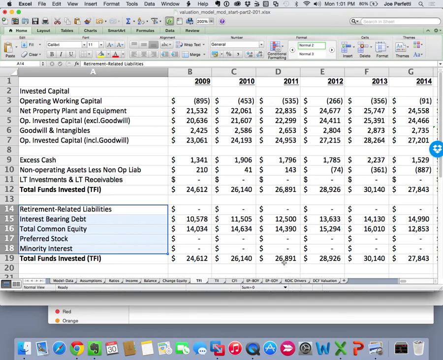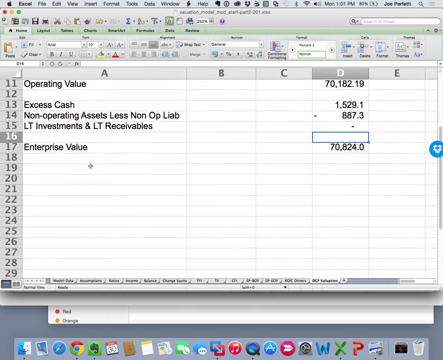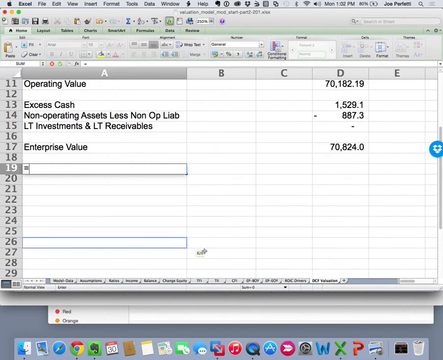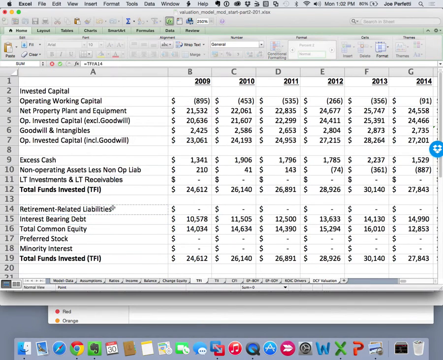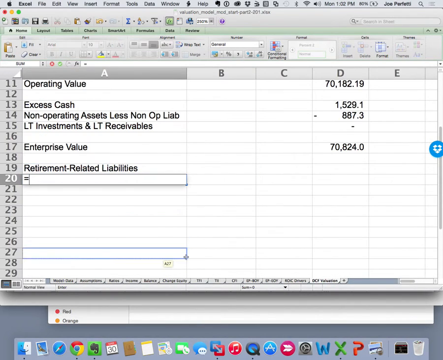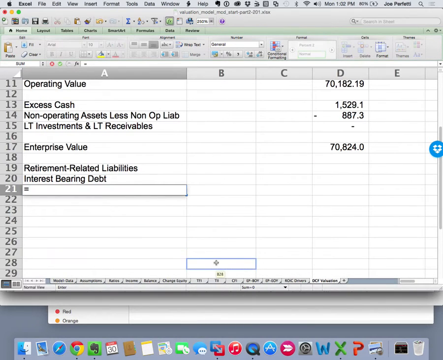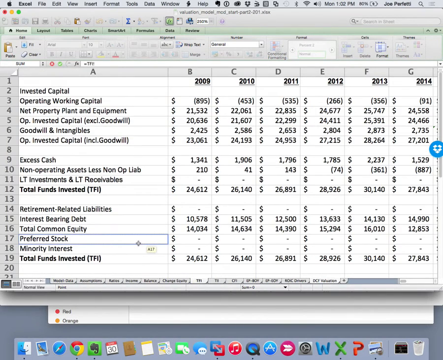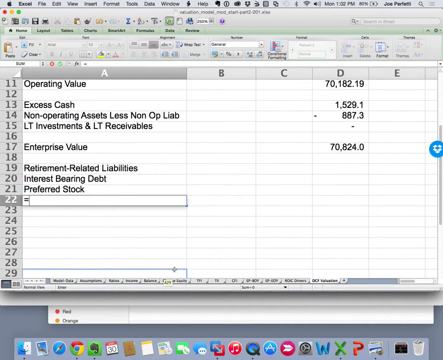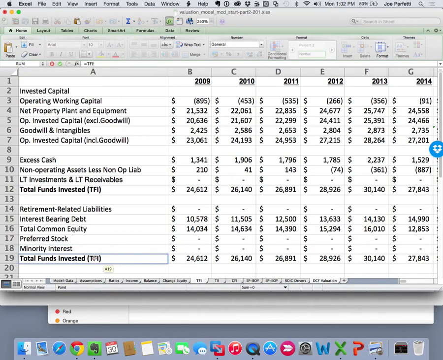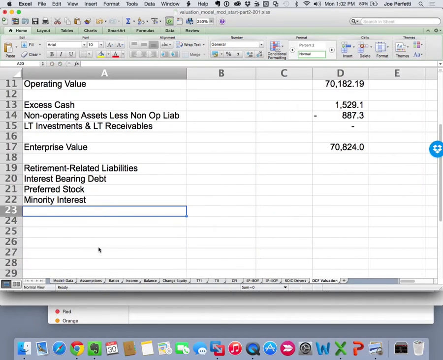So from this enterprise value, I pay off the retirement-related liabilities, I pay off the interest-bearing debt from the TFI, I pay off the preferred stock, and I pay off the minority interest shareholder.